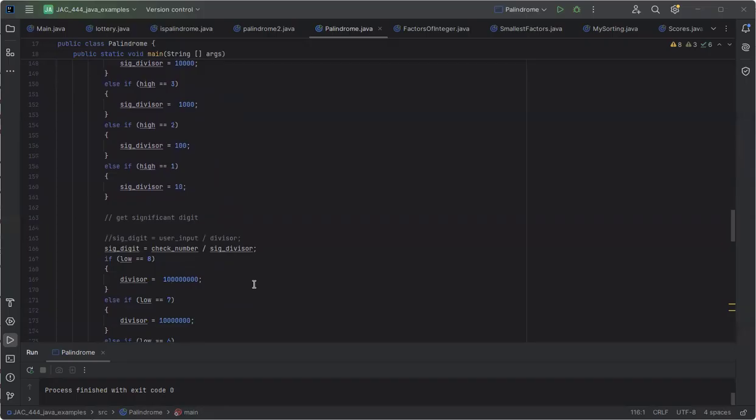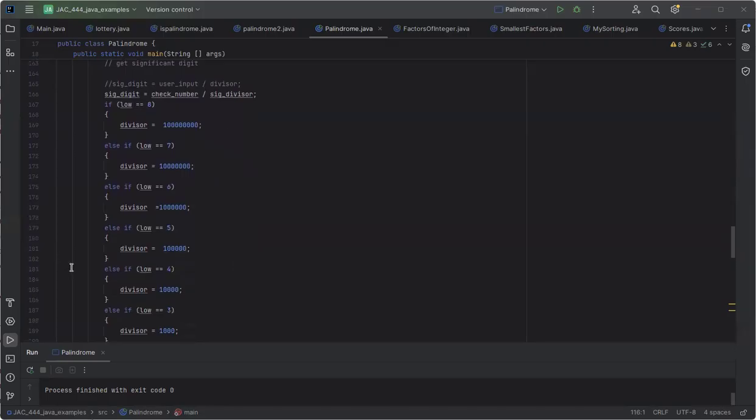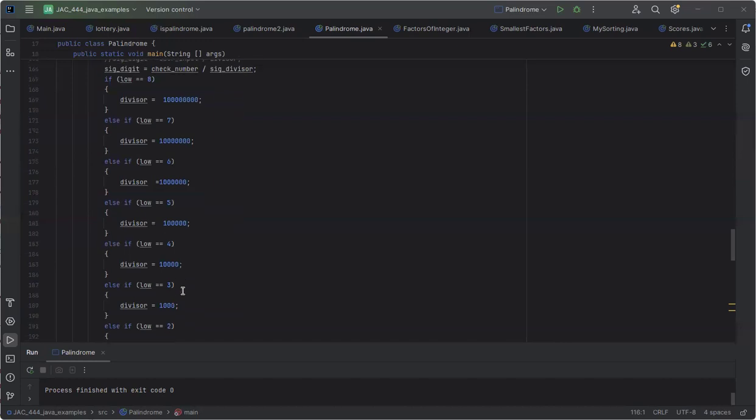Now we do the same to get the least significant digit. We came in with a number 9876. So I got 4 digits. We determined it had 4 digits. We come down here and we get the appropriate divisor. This will tell me how many of these 10,000 in this number.